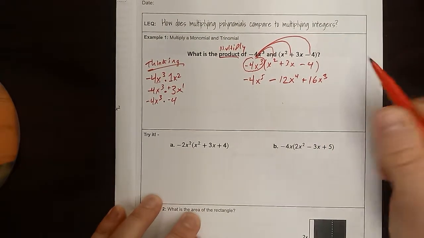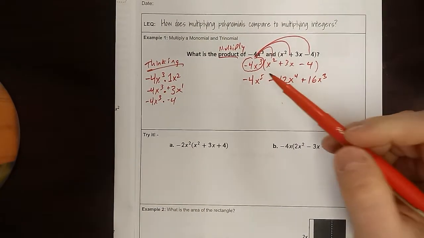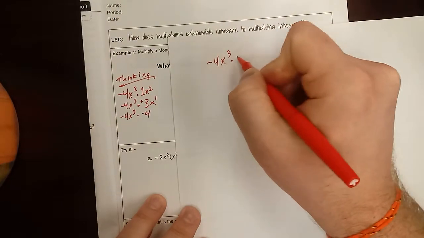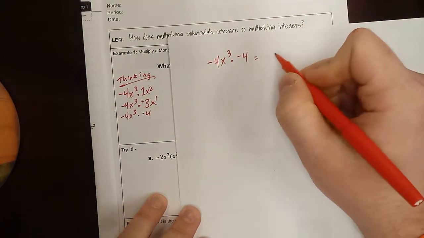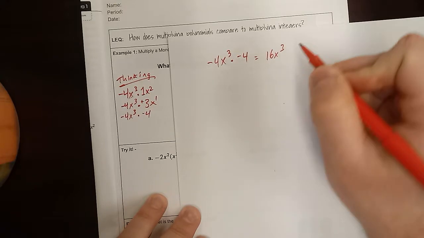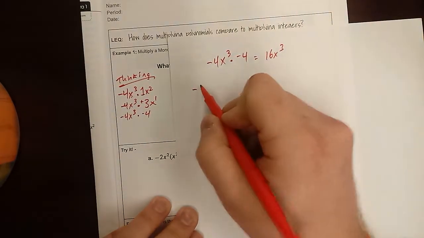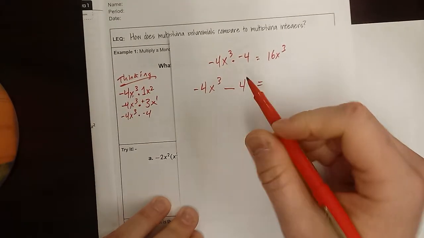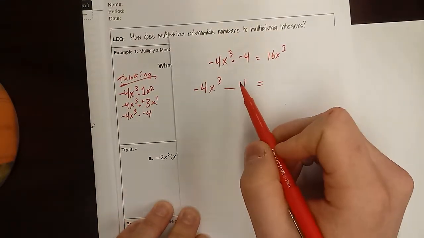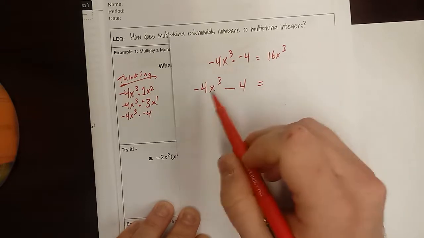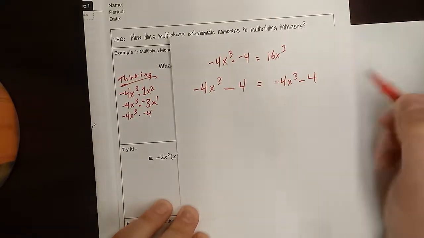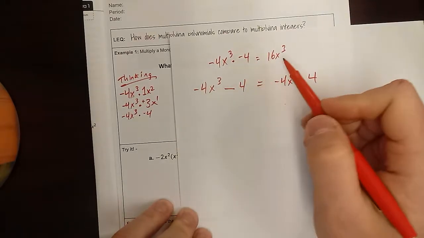So a big difference between multiplying and adding is we can take negative 4x cubed times negative 4 and we can get positive 16x cubed. But if we say, wait a minute, what about negative 4x cubed minus 4? When we're doing adding and subtracting, we can only combine things together with like terms. So this actually doesn't change at all if we're doing adding and subtracting, but doing multiplication, we mush them together.